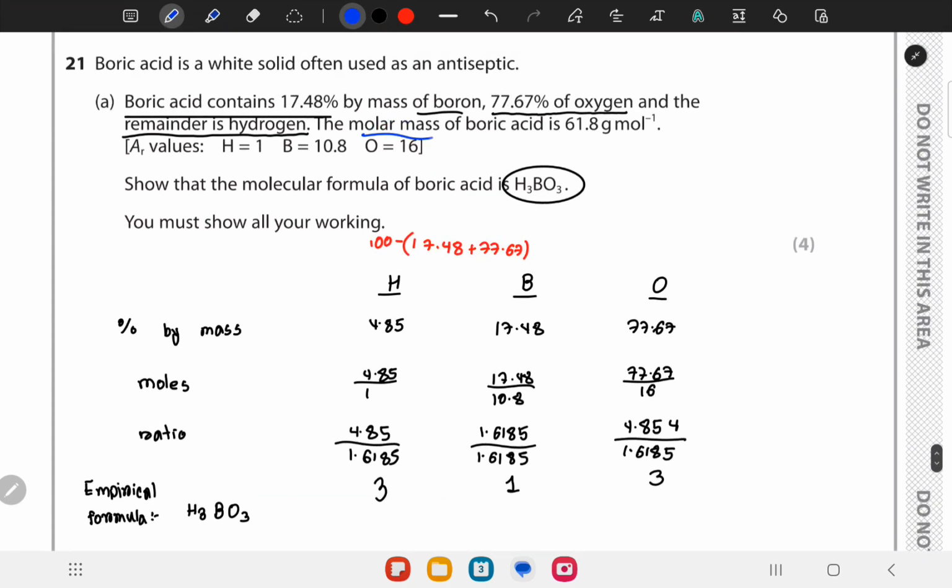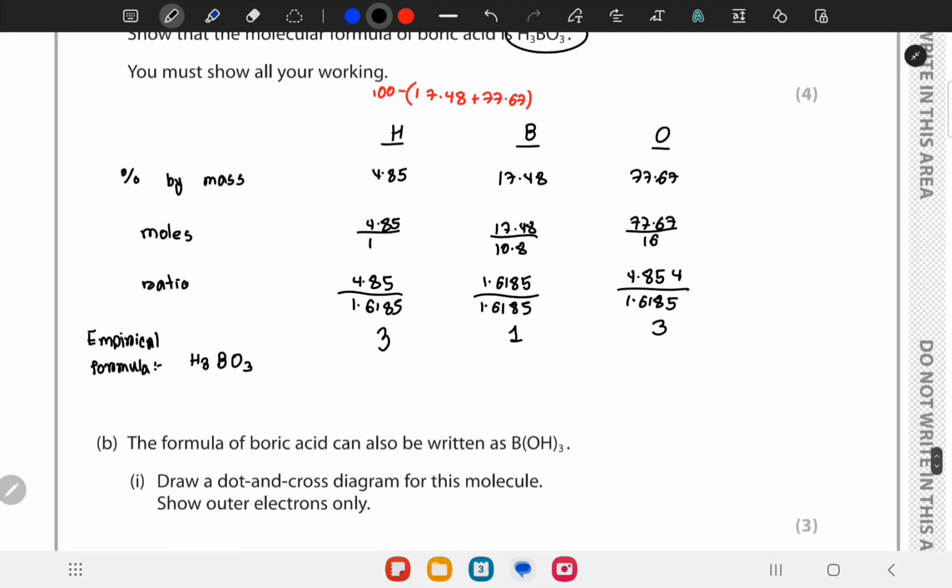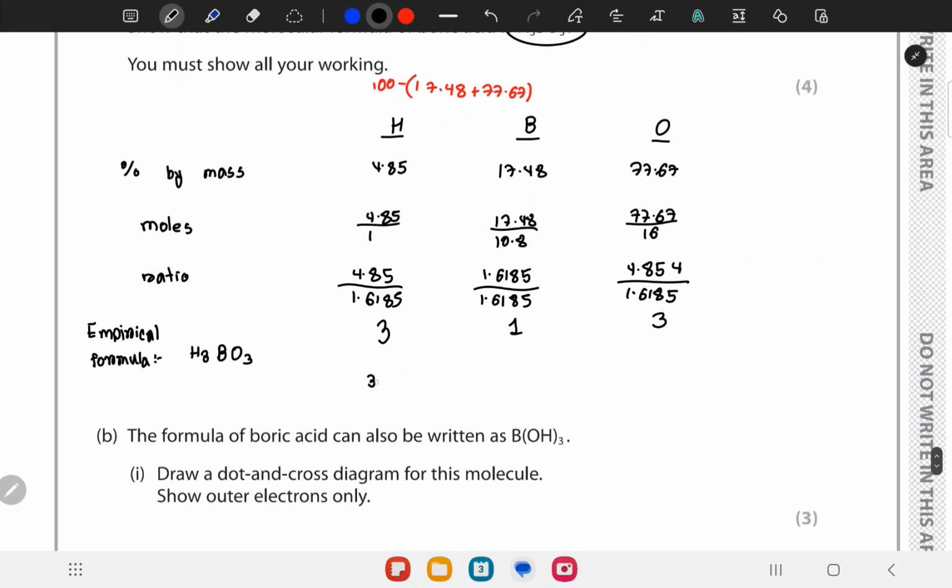We are given that the molar mass of boric acid is 61.8 gram. So we'll find the mass for the empirical formula, which would be 3 plus 10.8 plus 16 into 3. This is 61.8 gram per mole.